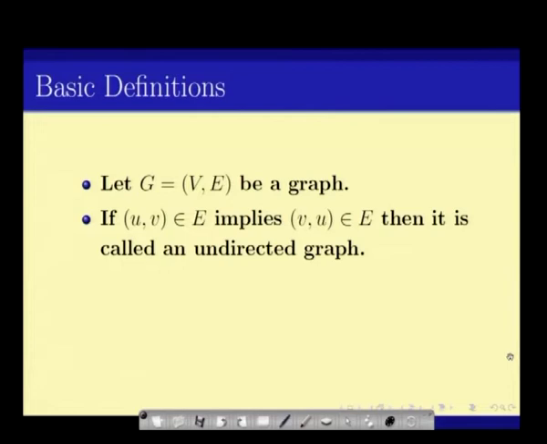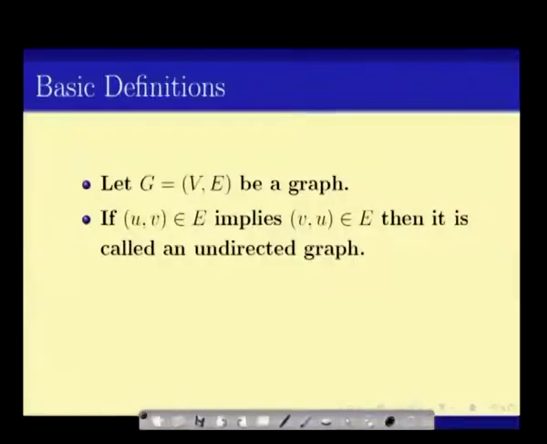Now, if I say that (u, v) is an element in this edge set, it means that there exists a relationship between u and v. When we are defining edges in general, we do not require that if (u, v) is in this set, then (v, u) is also in this set. I can talk about various kinds of relationships, for example, the parent-child relationship.